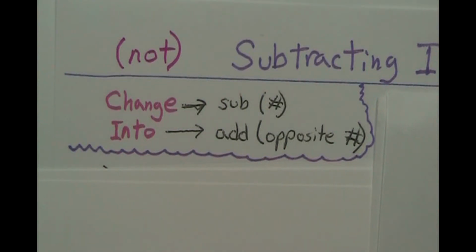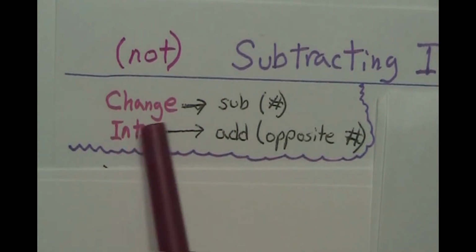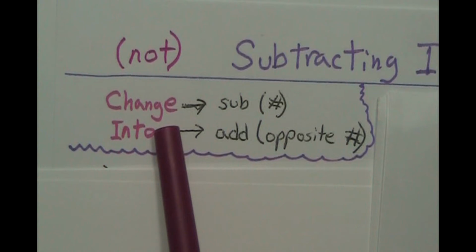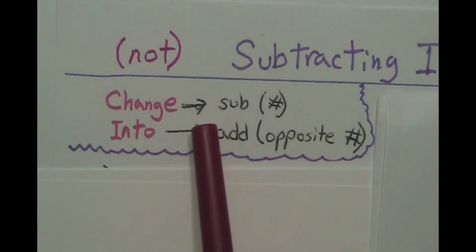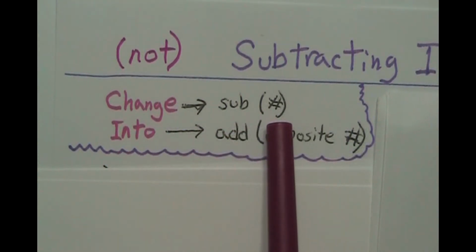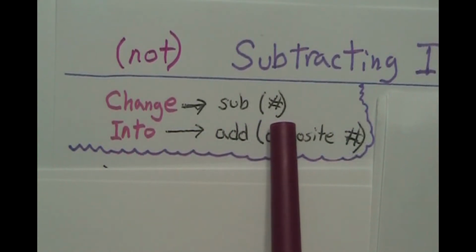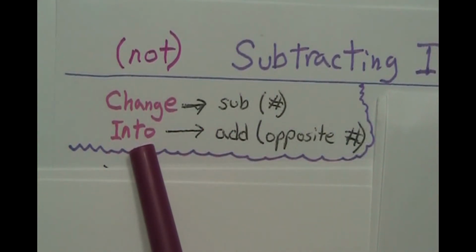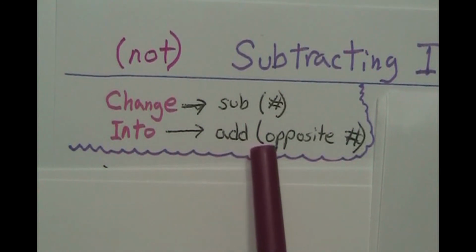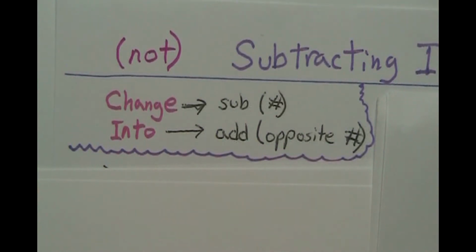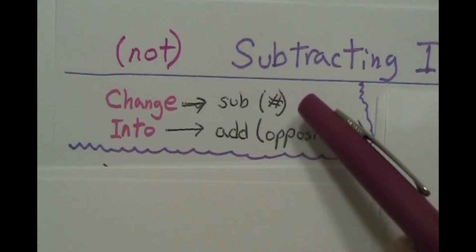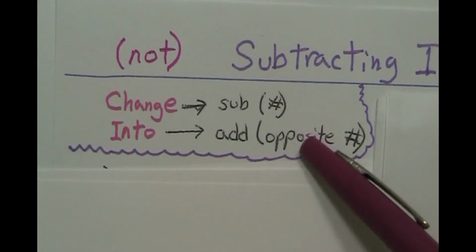So here's a rule that we want to do. We want to change subtracting a number into adding the opposite number. So whatever this number is, we're going to add the opposite of it.